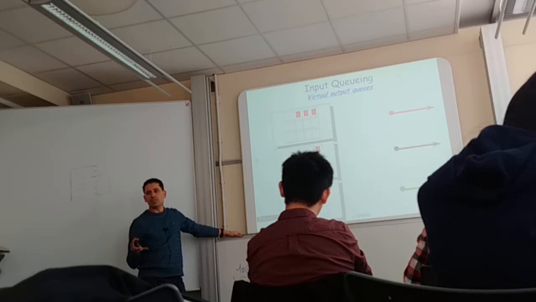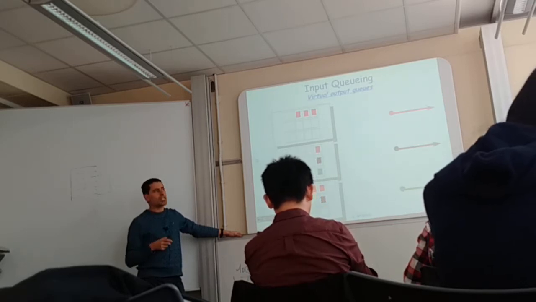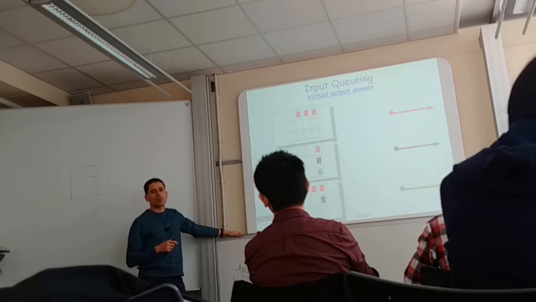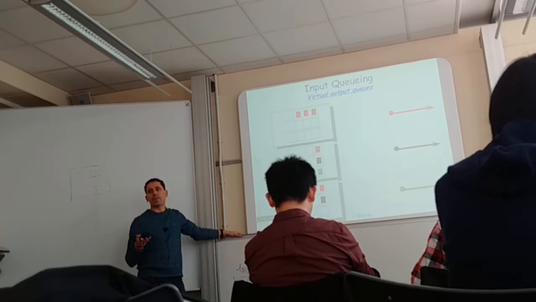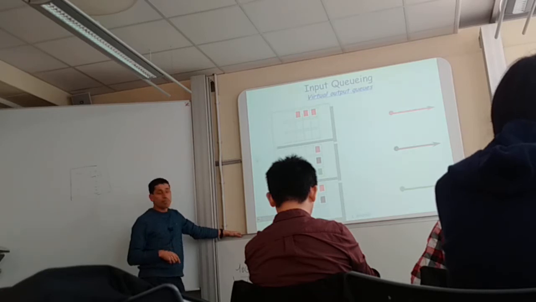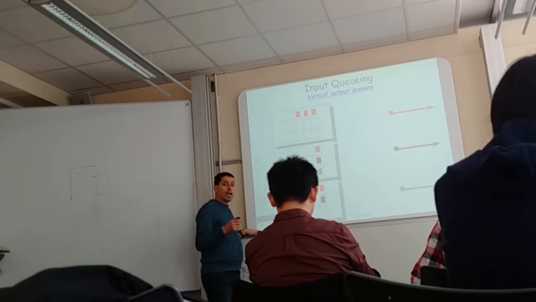Does what I'm saying make sense? The message here is that although I have different queues per input, at maximum only one of the queues can receive packets per unit of time. The same happens here and here.